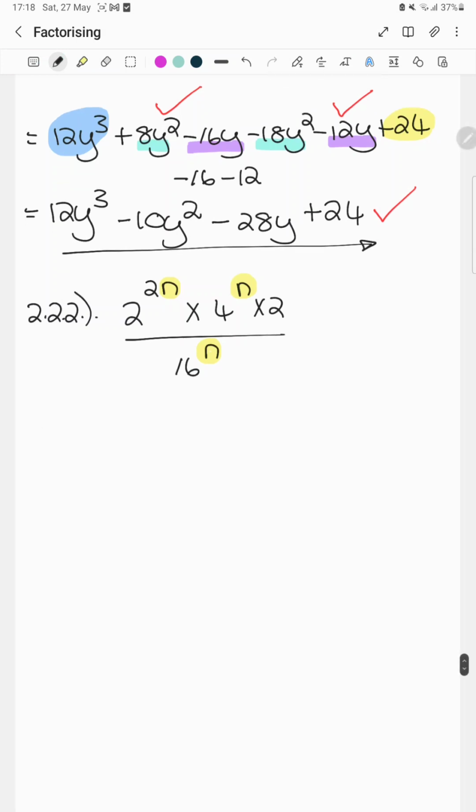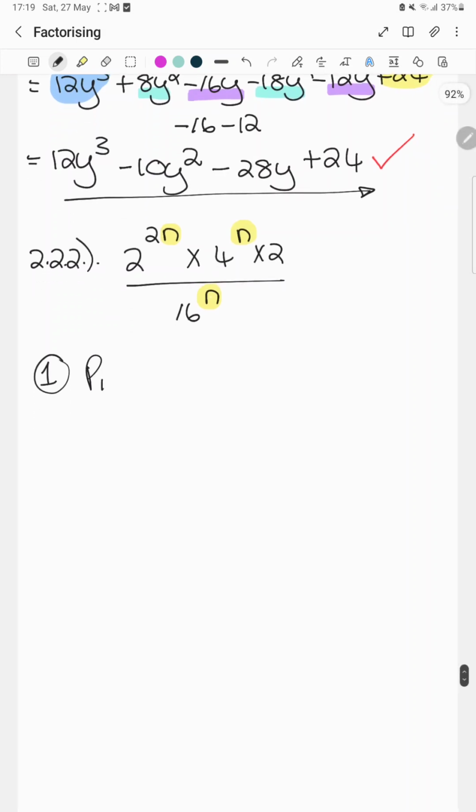The first thing you want to do here is get all of your base numbers the same, or in their simplest prime number form. 2 is already a prime number, so we are just going to leave 2 for now. So it will be 2 to the power of 2n.